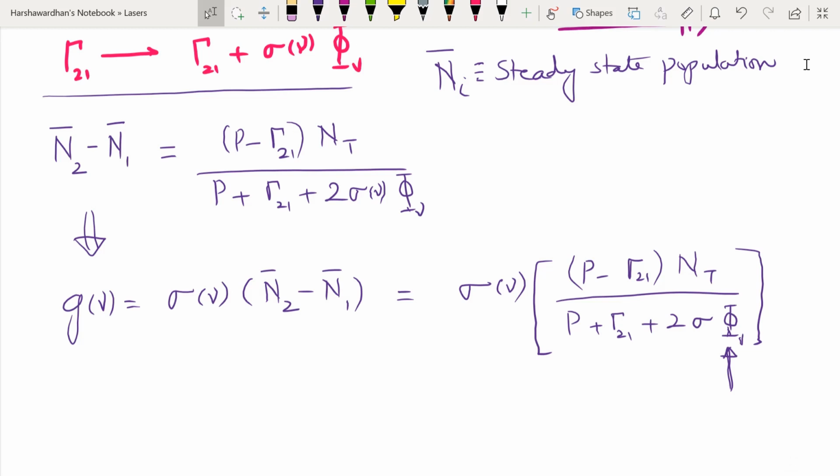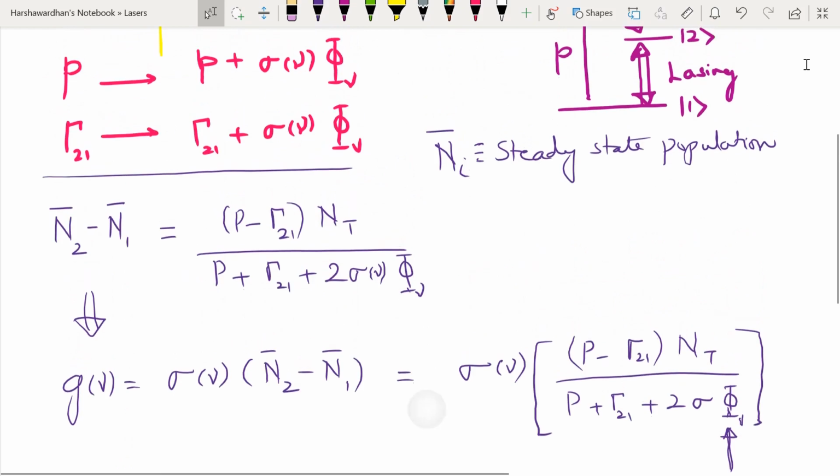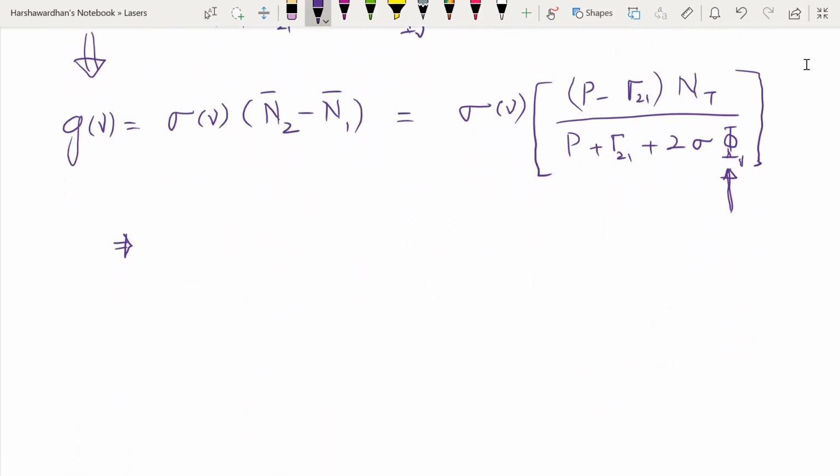So for this three-level system, I can rewrite this in a more suggestive manner, from where one can actually obtain a very general formula for the gain, which is not necessarily limited only to the three-level laser model that we have. It is a more general expression that governs basically gain saturation. So let me come to that. For the three-level laser model, I can rewrite this equation in the following form.